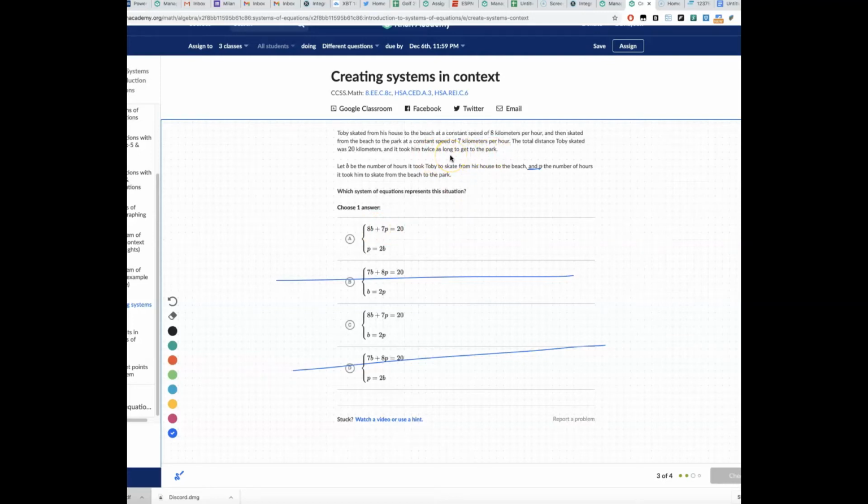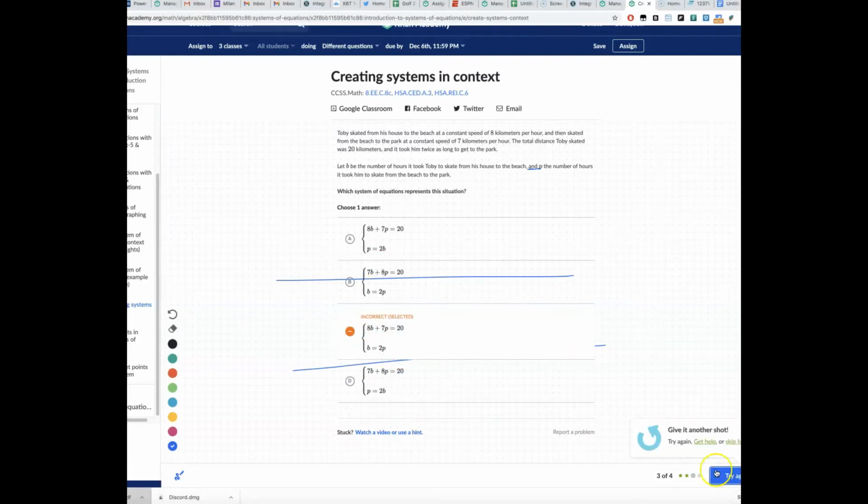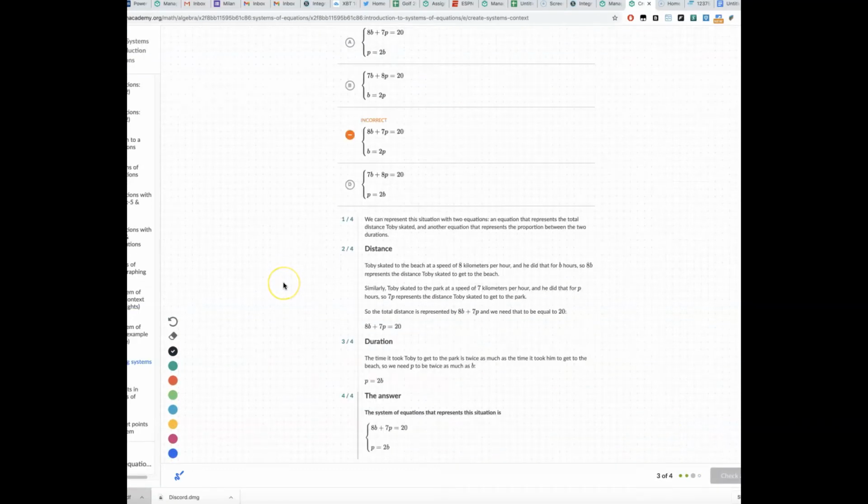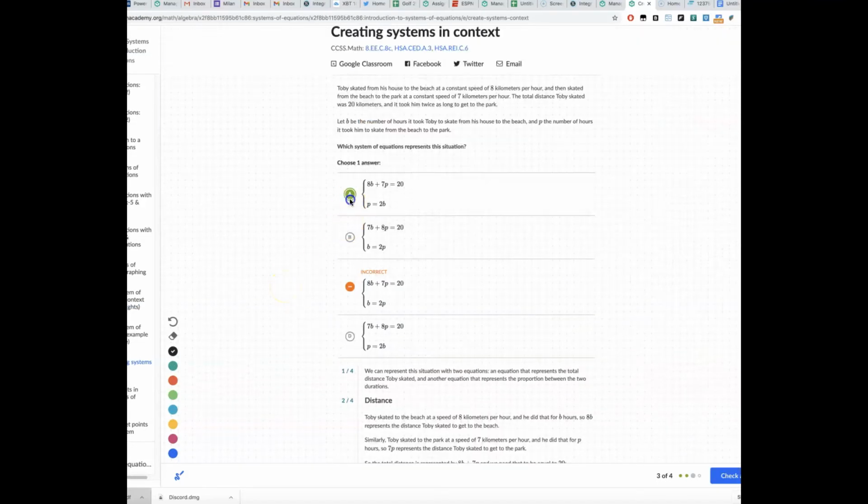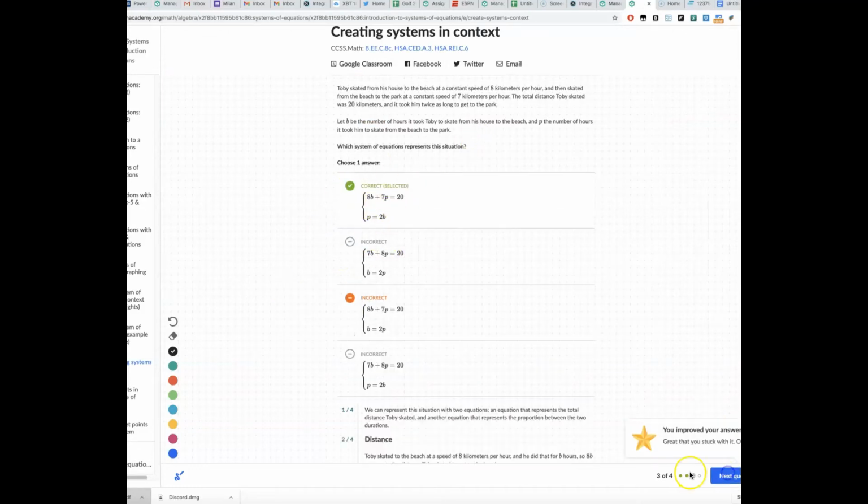So the B has to be bigger than the P. No, I'm sorry, I'm mixing up the things again. The P has to be bigger than the B. I said that, and then I didn't click the right one. So you see, these can be confusing.